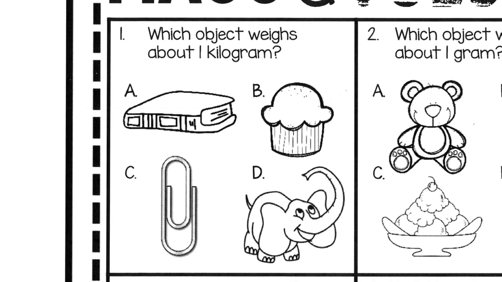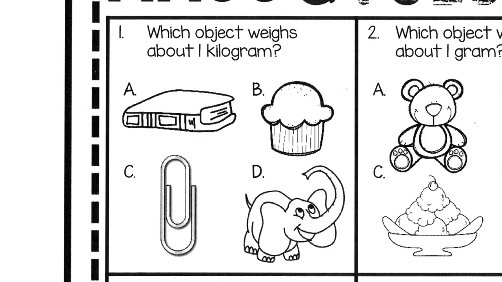Now, if we're talking about weighing things in kilograms, and we're talking about what object weighs 1 kilogram, what are your thoughts? I'm going to give you just some equivalents to help you out. Because we're used to pounds, and 1 kilogram is about 2 pounds.